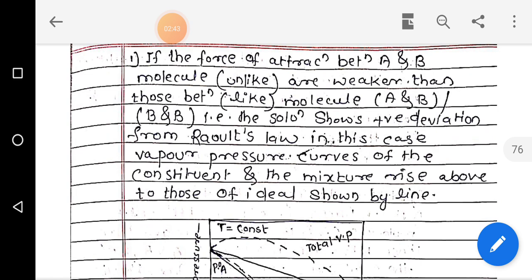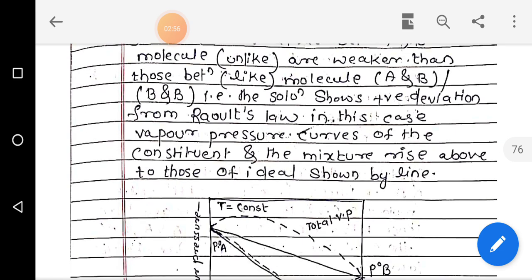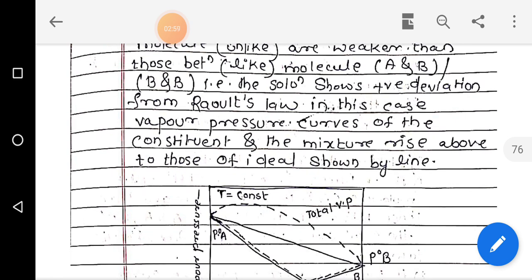So in this case, when the force of attraction between the unlike molecules A and B is weaker than that between like molecules A and A or B and B, the solution shows positive deviation from Raoult's law.